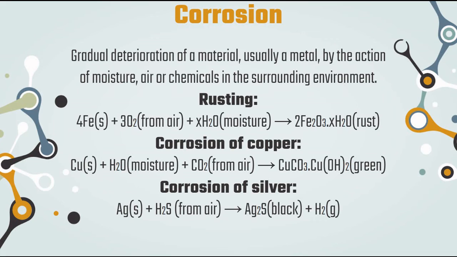So rusting can be written as 4Fe plus 3O2 plus xH2O, that is moisture, which turns to 2Fe2O3.xH2O, which is rust. Corrosion of copper: Cu plus H2O plus CO2 turns to CuCO3.Cu(OH)2. Corrosion of silver: Ag plus H2S turns to Ag2S plus H2.